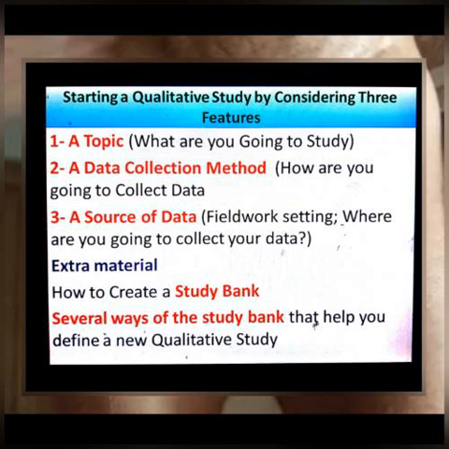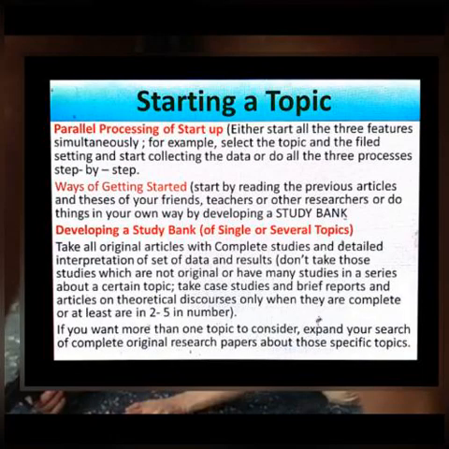So moving to the next slide. This slide is about starting a topic, like how to start a topic. There are two ways. The first one is the parallel processing of the startup, like how to start your qualitative study, that you can start your qualitative study by following a parallel process.